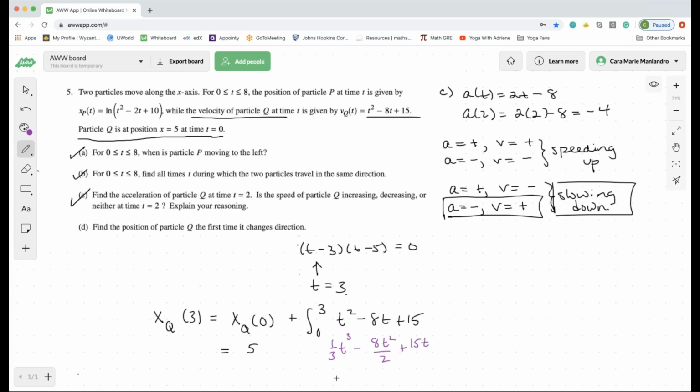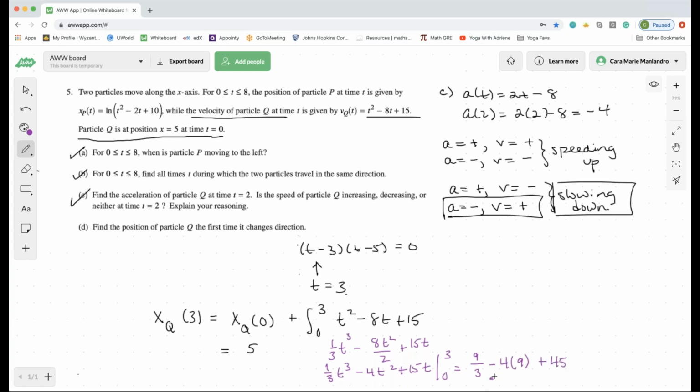If I simplify that, it's 1/3 t cubed minus 4t squared plus 15t, and then I want to evaluate between 0 and 3. So I get 9 over 3 minus 4 times 9 plus 45.